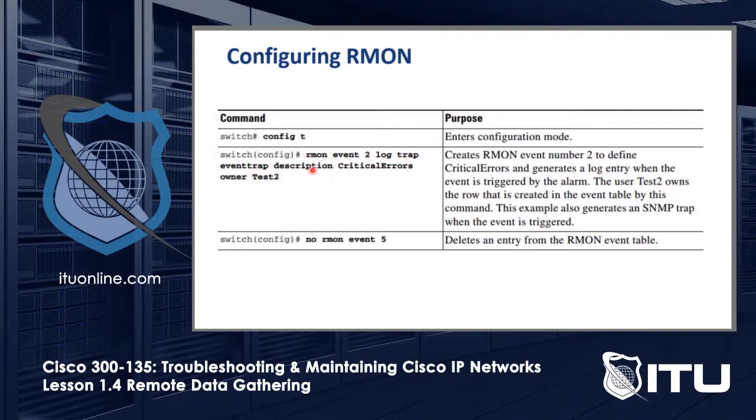The event trap description is critical errors when the event is triggered by the alarm, because remember that level 2 is an alarm. A user called test2 owns this whole thing, so they own the row that's created in the event table. And this also generates the SNMP trap when the event is triggered. We can say no rmon event 2, 5, or whatever to remove a particular entry from the RMON table.